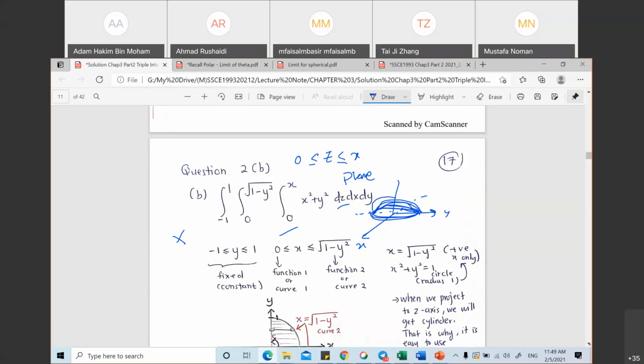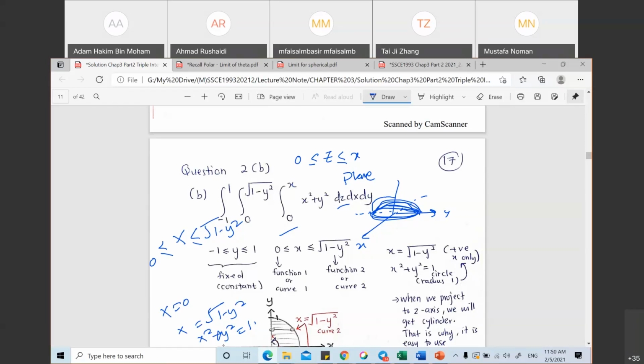Your x is from 0 to the square root of 1 minus y squared. So x is 0, x is the square root of 1 minus y squared. If I square both sides, I will get x squared plus y squared equals 1. So that's why I get a circle. But I have to focus only on the positive square root of 1 minus y squared. Understand?